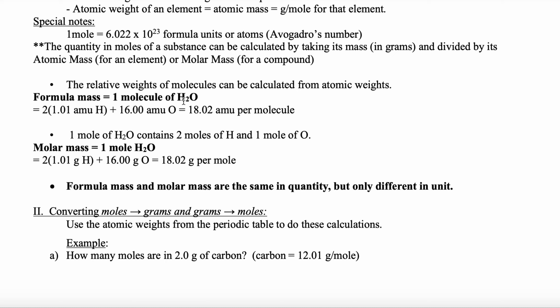Water is composed of two hydrogens and one oxygen. So we add two hydrogens plus one oxygen. Hydrogen is 1.01. Again, we're looking at one molecule of water.